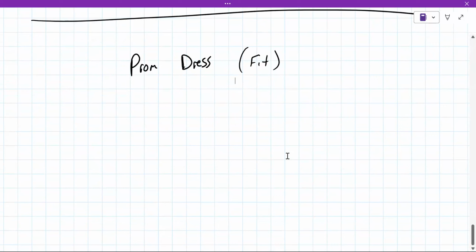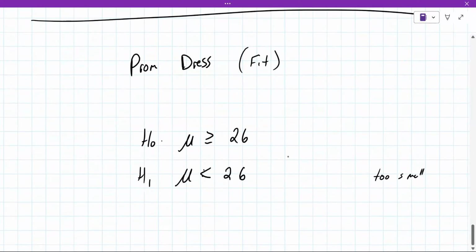My guess is that there's always this concern that it's too small. So let's just say, and I don't know waist sizes, but let's say we're worried that it's less than 26 inches. But the manufacturer claims, hey, it's always going to be more than 26 inches.